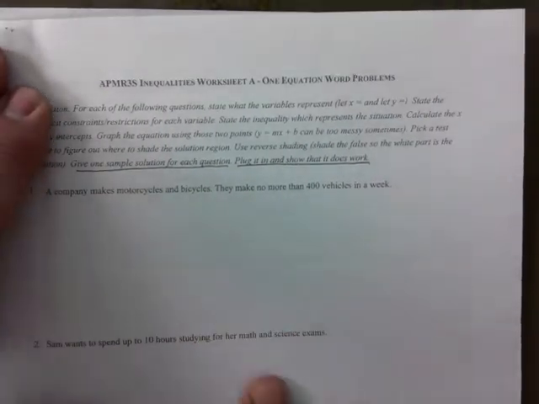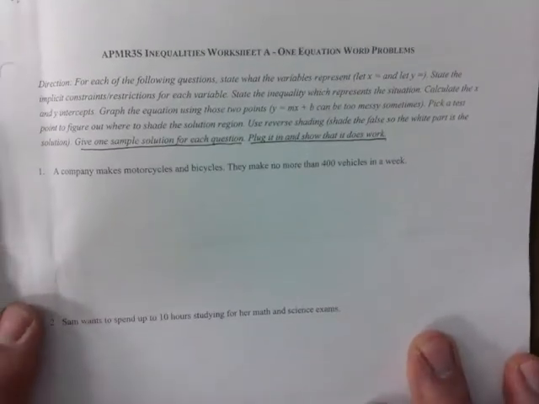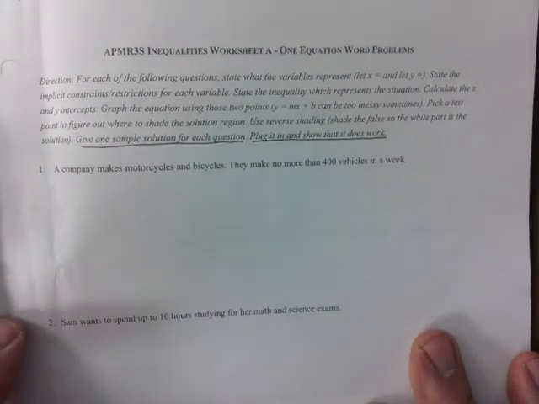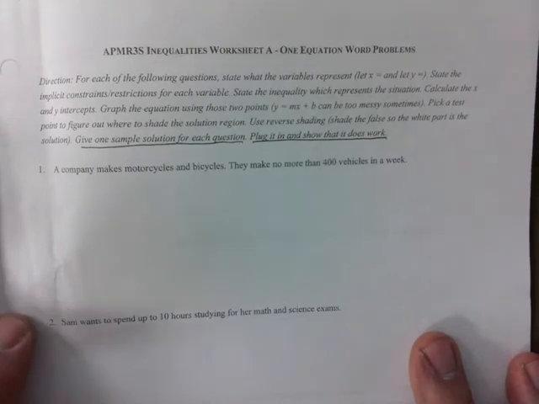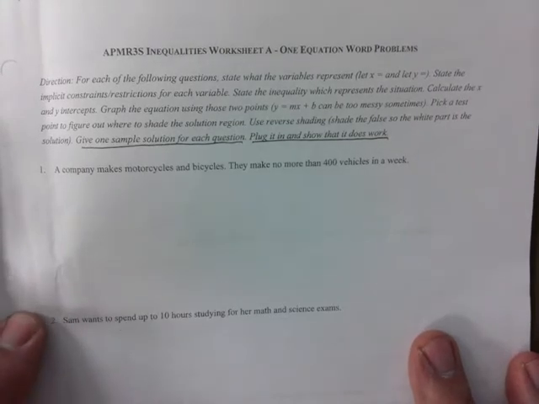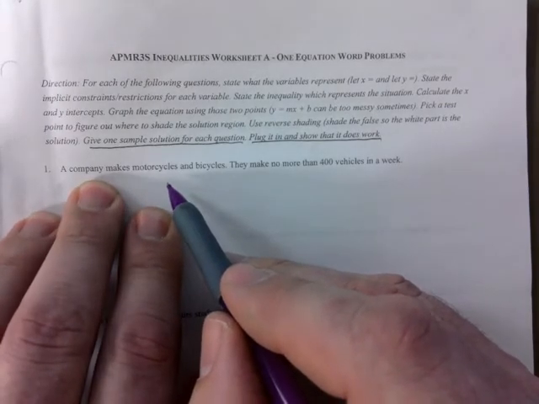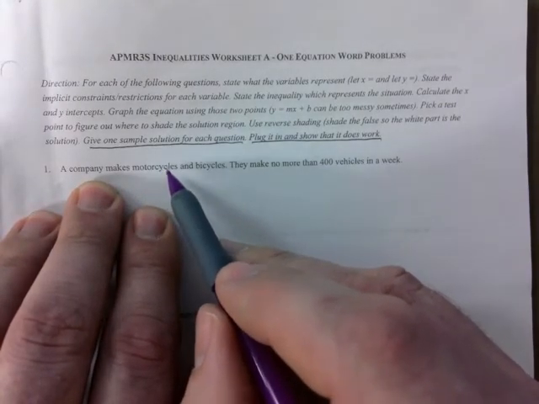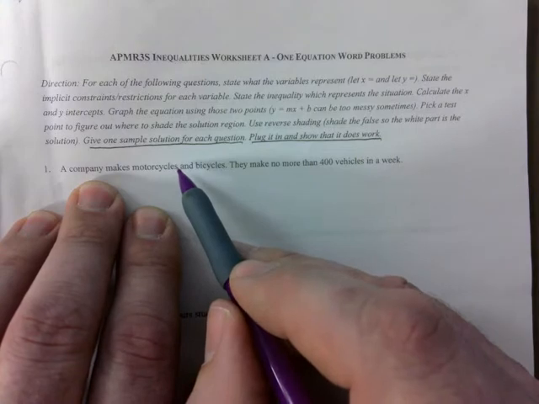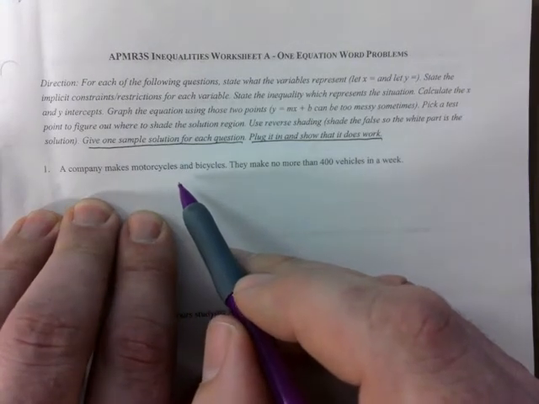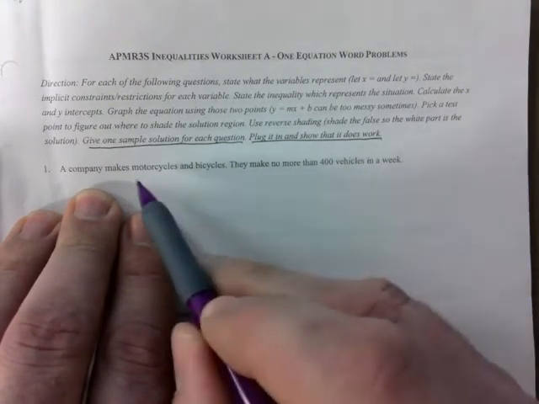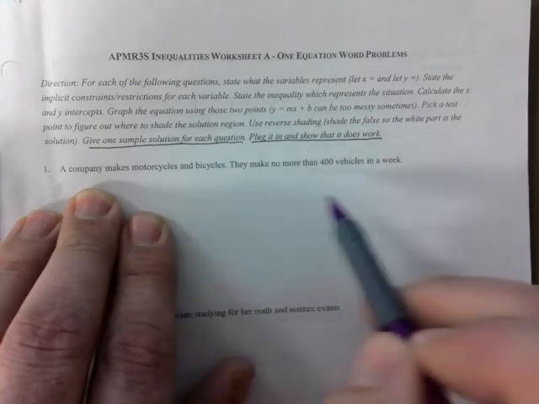And let's do a little bit of an experiment here, or a trial and error perhaps. Just for the first page on page 7, I want you to define your variables, state your implicit constraint, and then come up with the inequality that would describe that situation.